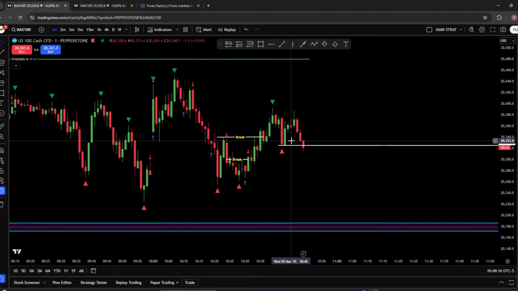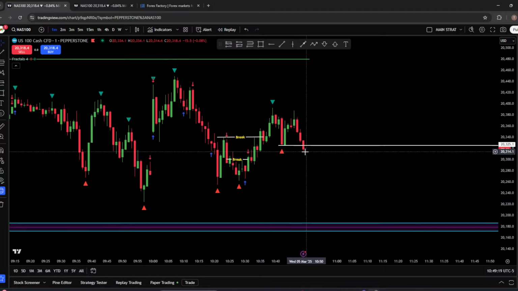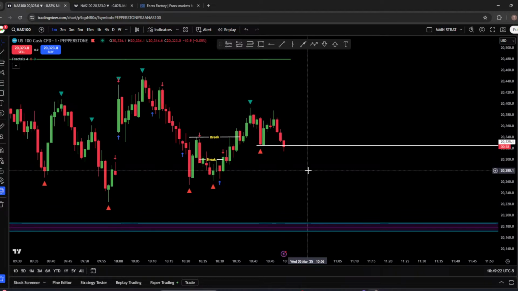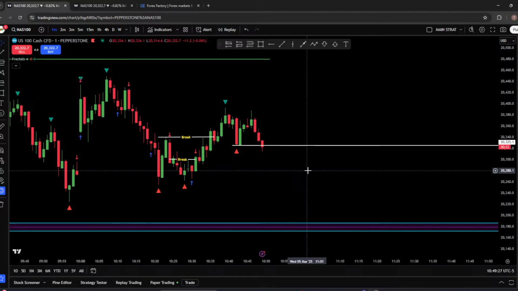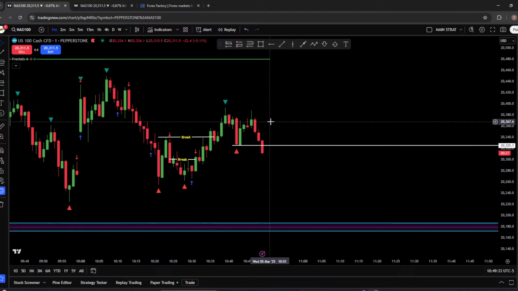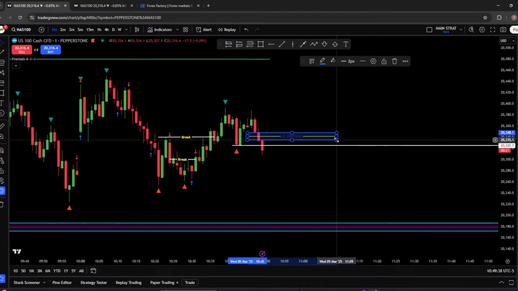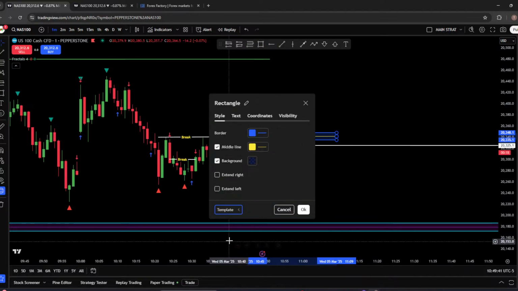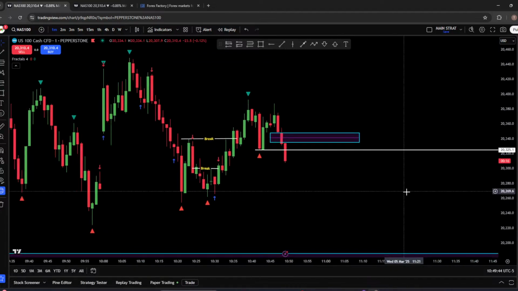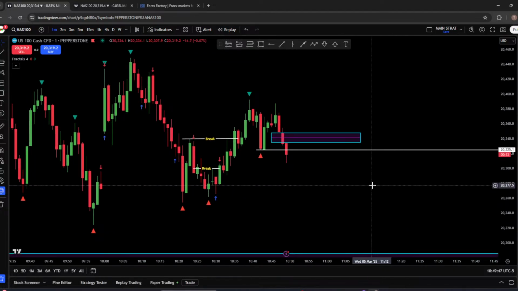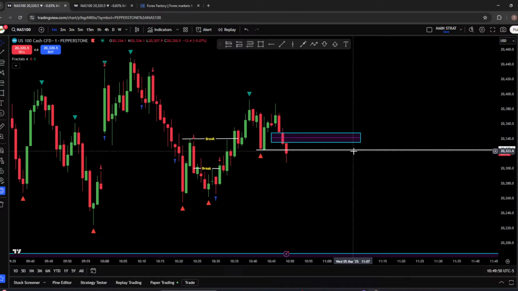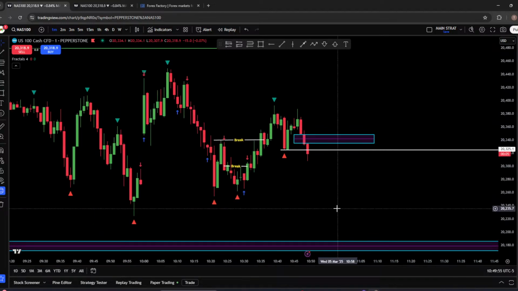So we got a break below that low with some good momentum. Fair value gaps. See if we get a good strong break. If we wick through it, then that's not a thing, but get a good strong break.